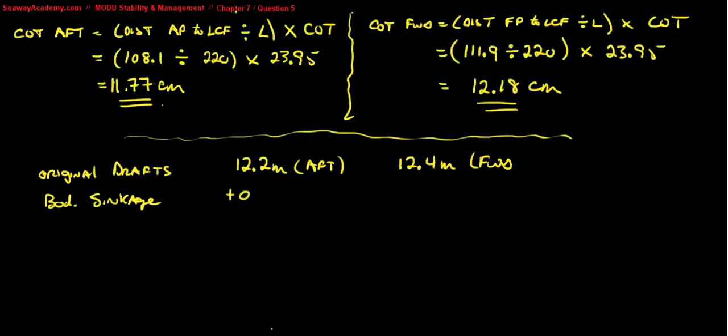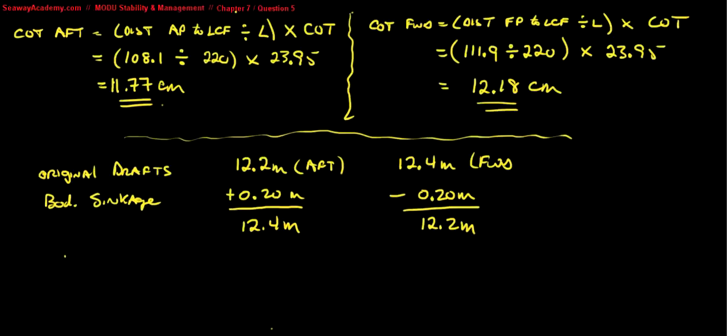So you divide the 20 centimeters by 100 to convert it to meters. So you add .20 meters to the aft end, and you subtract .2 meters from the forward end. So aft we get 12.4 meters. Forward we get 12.2 meters.